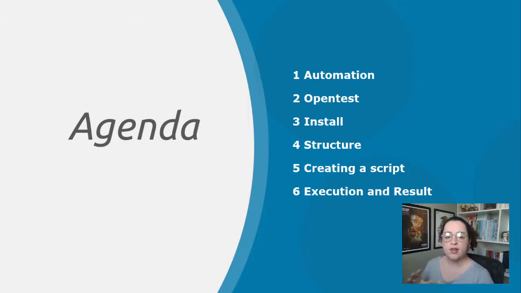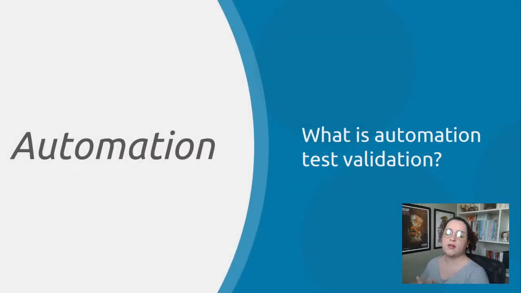We will verify the structure of folders and the structure of scripts as well. We will create a new script and in the last we will execute this script and collect the results on the server. Okay, so moving to the next slide.